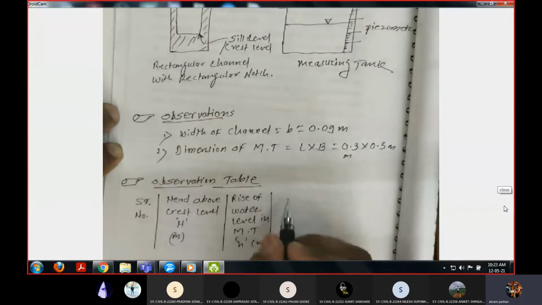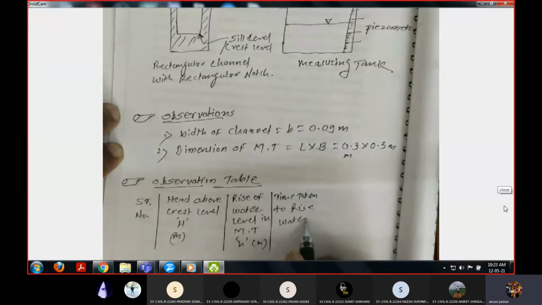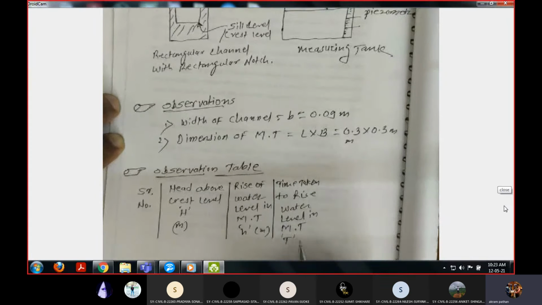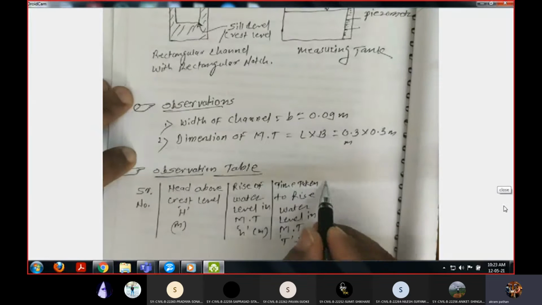Then the time taken to rise the water level in the measuring tank, that is T in second.